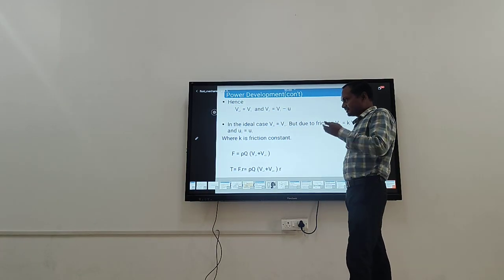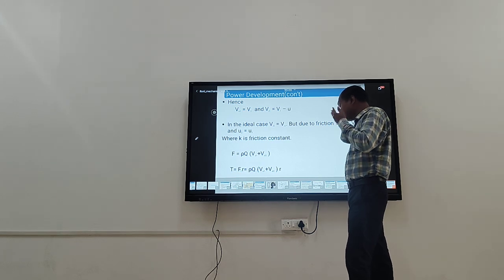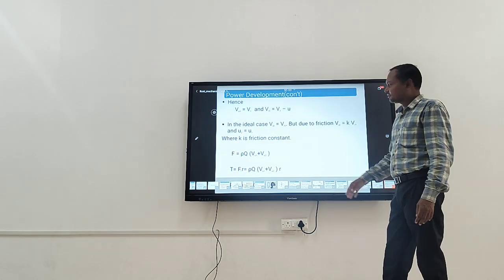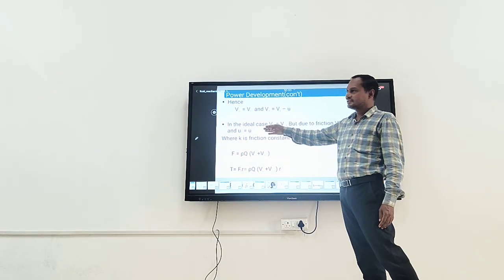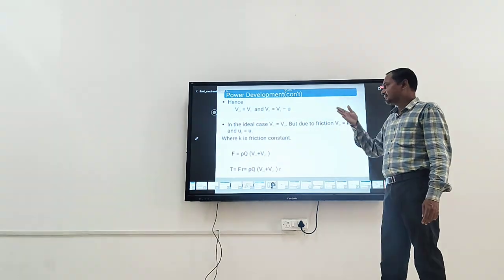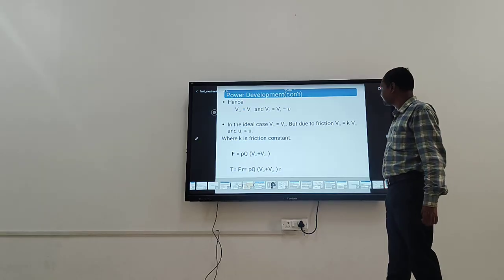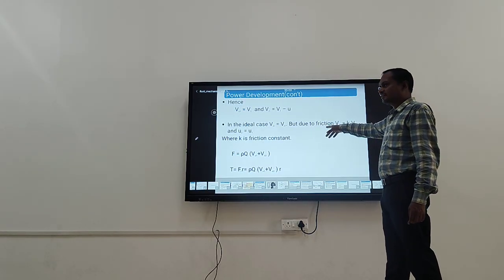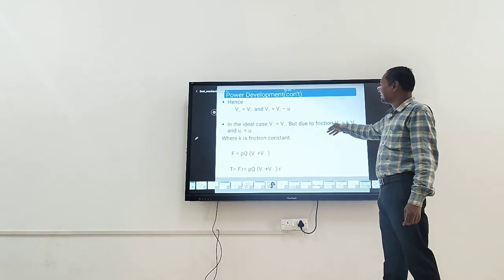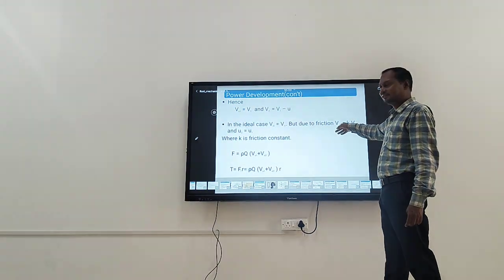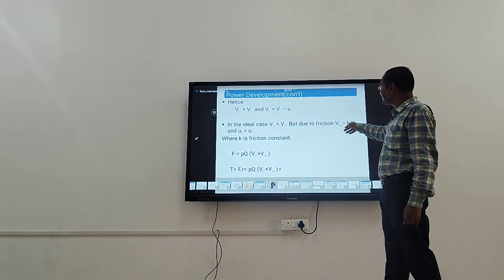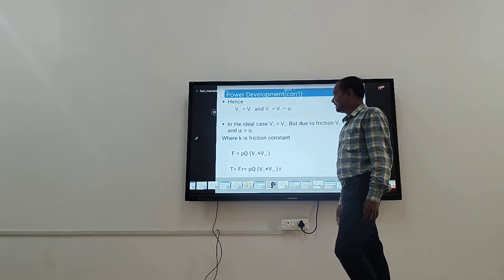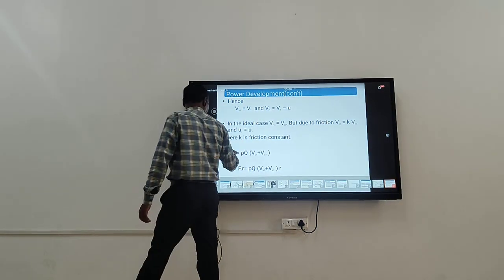That means the tangential velocity of the runner at inlet is equal to the tangential velocity at the outlet. But if there is friction, obviously there is friction, then the relative velocity at outlet is K into VR1. K is some constant, and K is given as the friction constant.